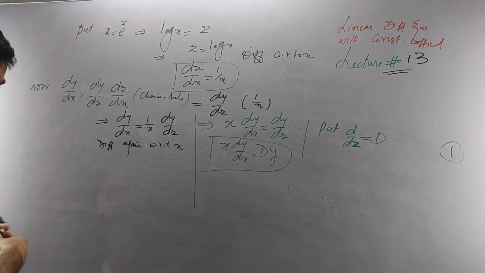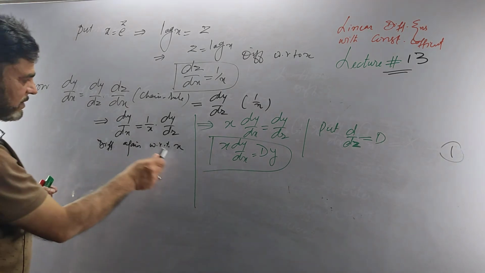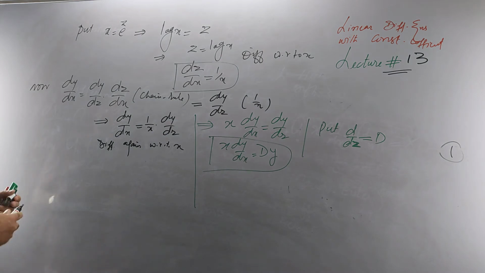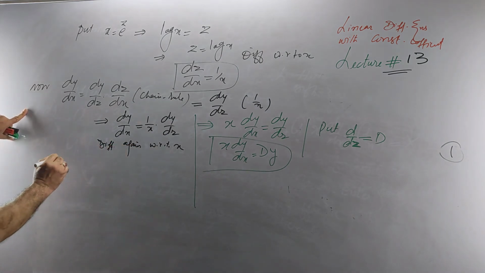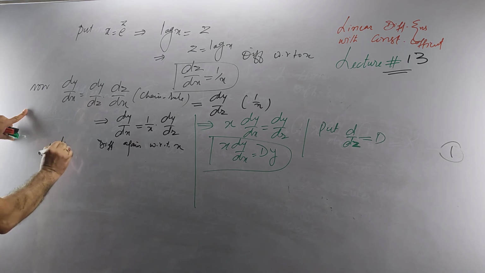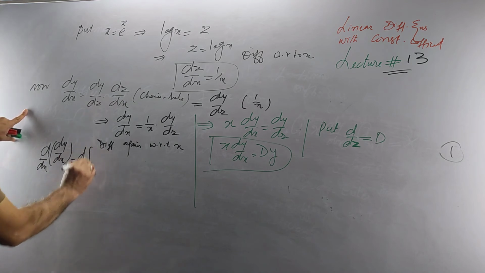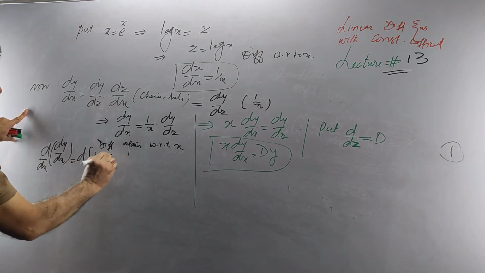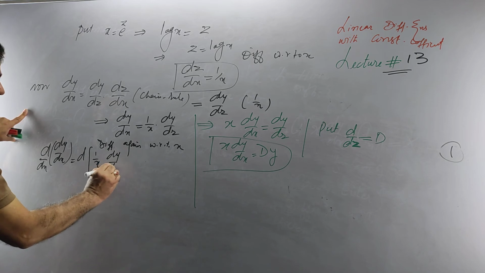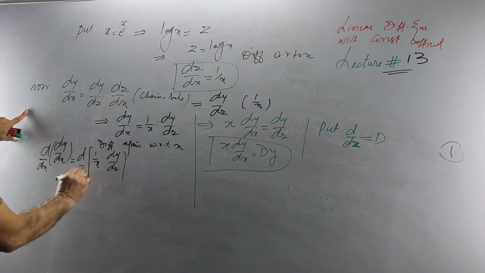Now what we do is we differentiate this again with respect to x. We will go on differentiating this with respect to x. This will be your differentiation of dy by dx with respect to x, which is the derivative of 1 by x times dy by dz with respect to x.